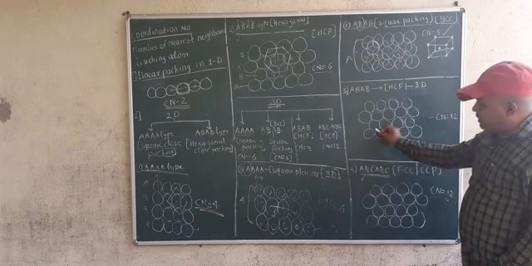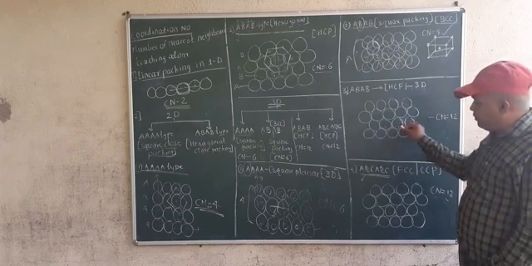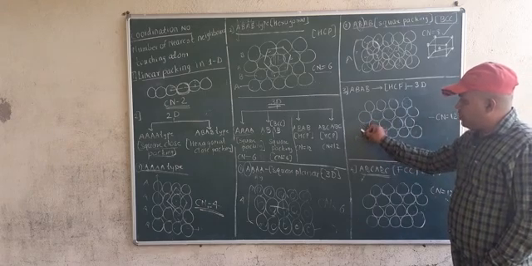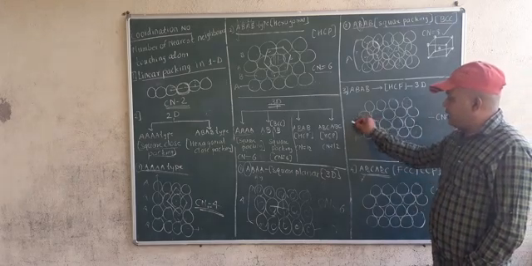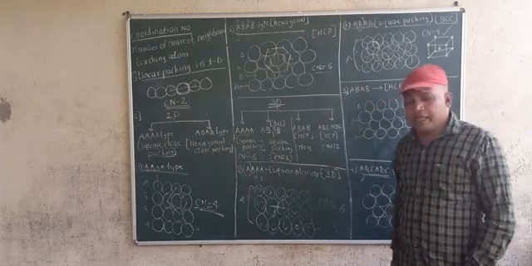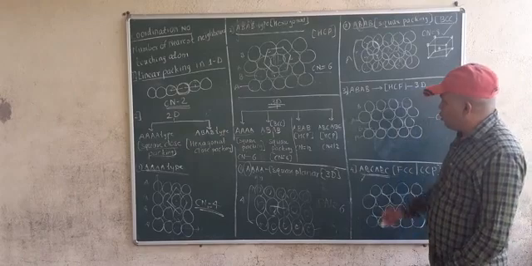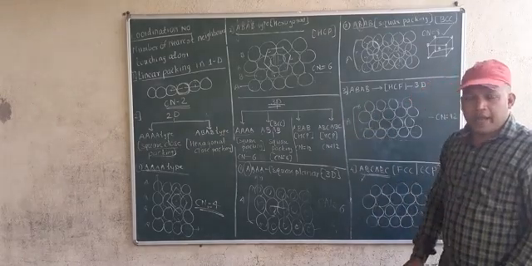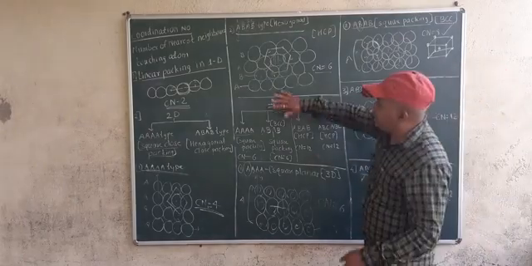The second layer is in the gap. So this is A, this is B, again this is A, again this is B. But this arrangement is 2 dimensional. So in 3 dimensions the complete layer will be called only A. Do you understand this?